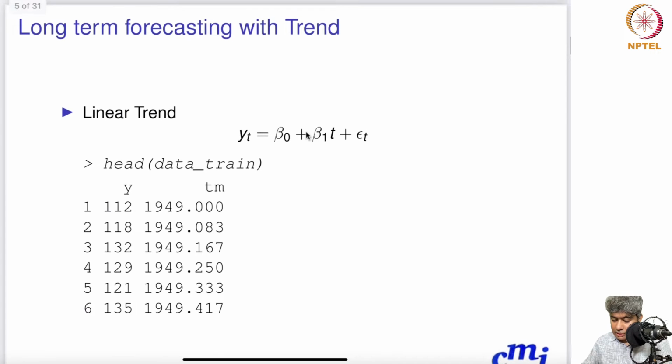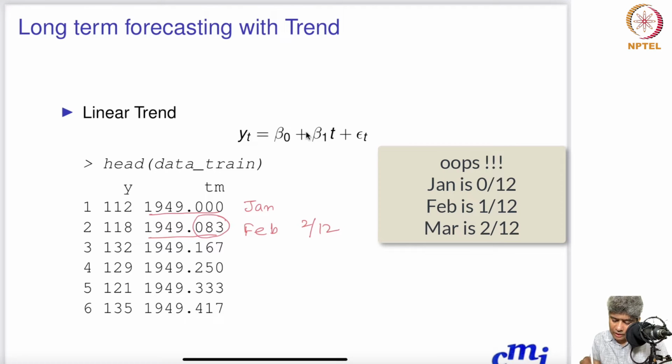If you see the data, 1949 Jan, and this is Feb of 1949. So it is 2 out of 12 basically, which gives you 0.83. And this is March, kind of 3 out of 12, which has given you 1949.167.